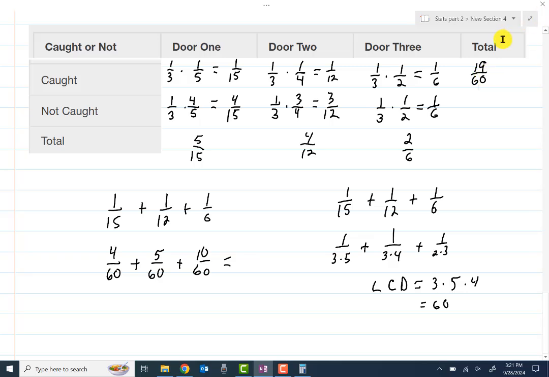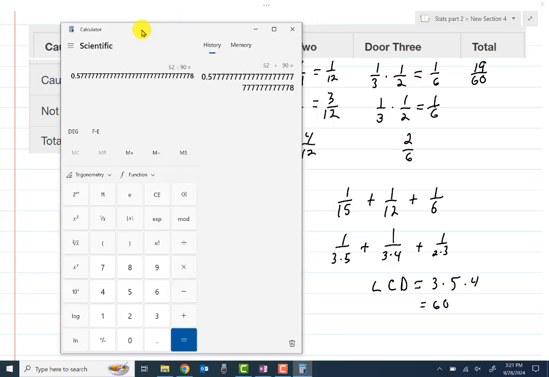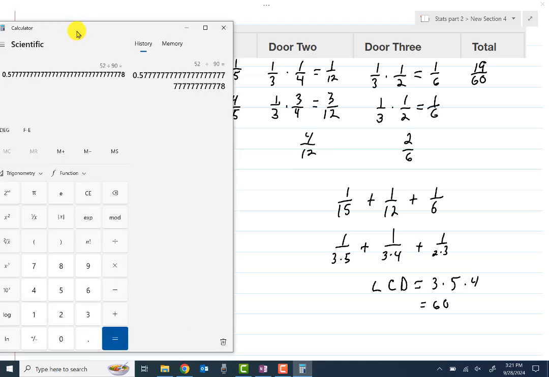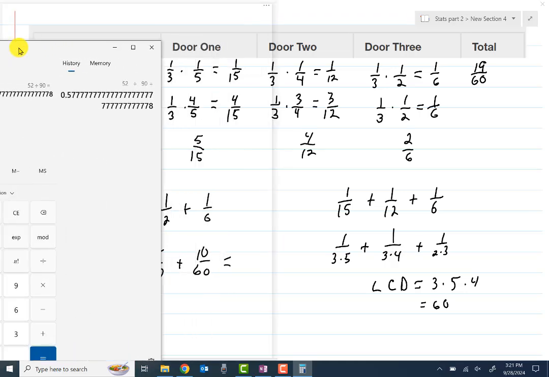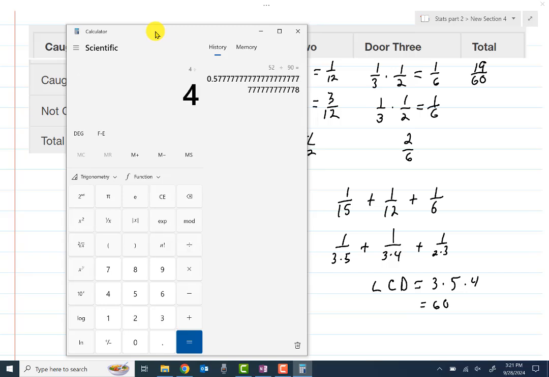And as I mentioned, if you simply want to put a decimal over here, I have no problem with that whatsoever. In fact, I'll do that for the last one just to show you that I'm not lying when I say that. So in the last column, I keep saying column where I mean row. We started with 4/15. So 4 divided by 15. I'll hit enter so it equals each time.